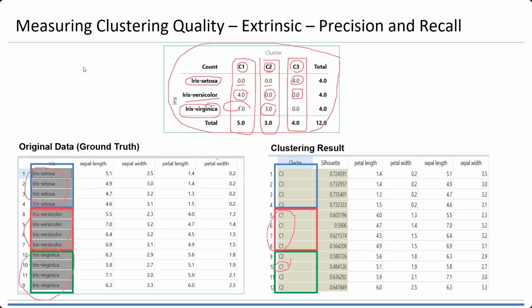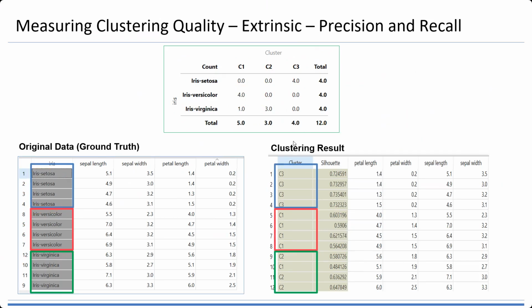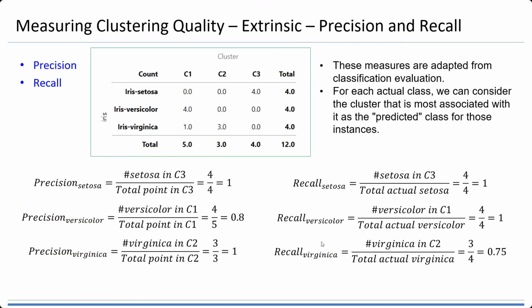Now, how can we measure this performance? We can check based on the precision and recall. The precision means we will use the methods from classification evaluation. If you still remember, in classification we learned about this one. For its actual class, we call this the actual.